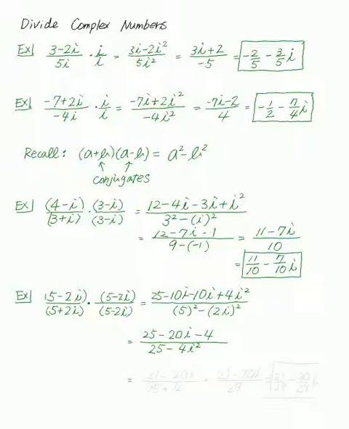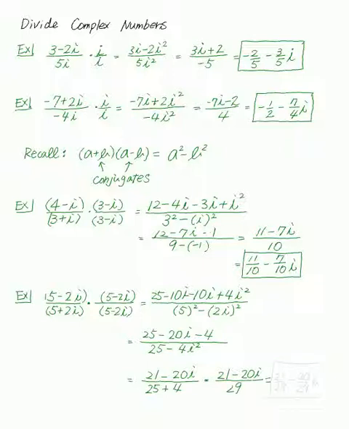Up above, I'm going to combine my like terms and get 21 minus 20i. Down below, I have 25 plus 4, because the i squared changes the sign. Combining my like terms down below, I get 29. So I have 21 minus 20i, all over 29.